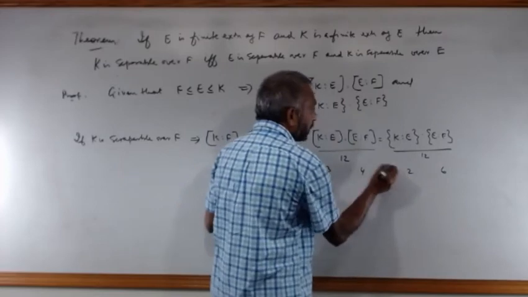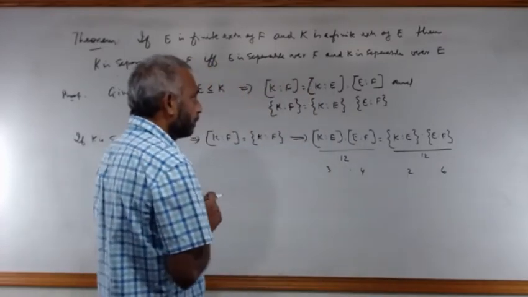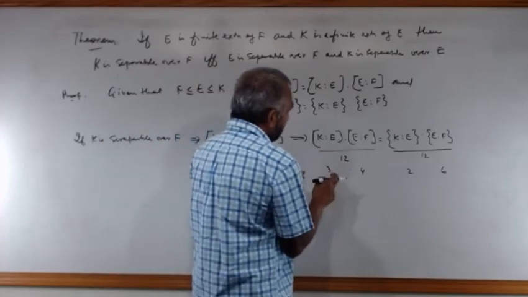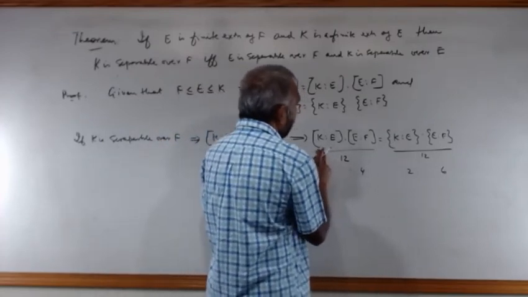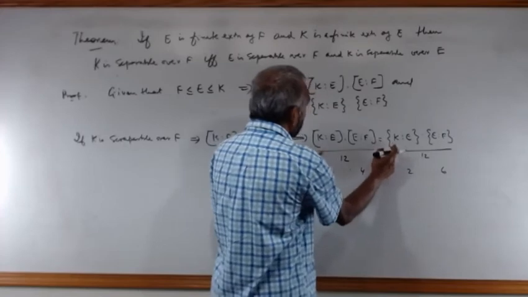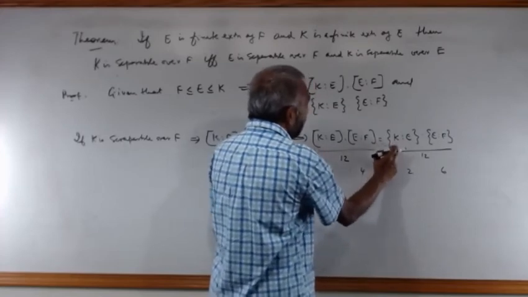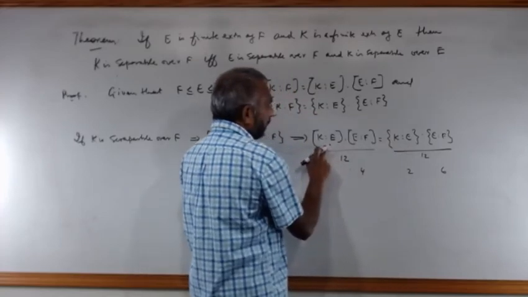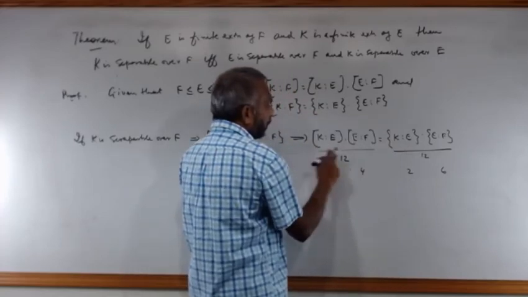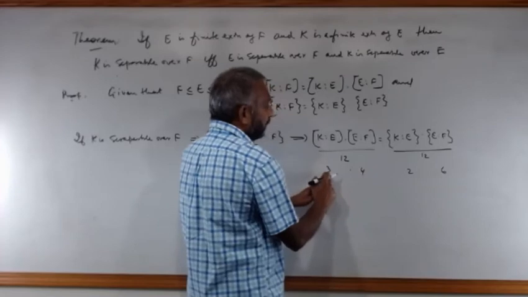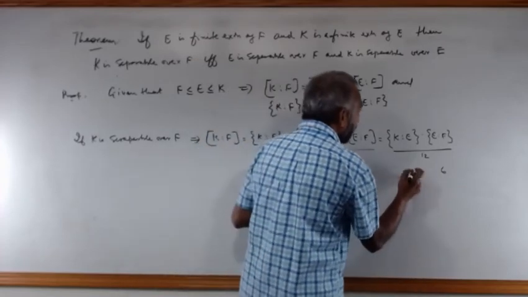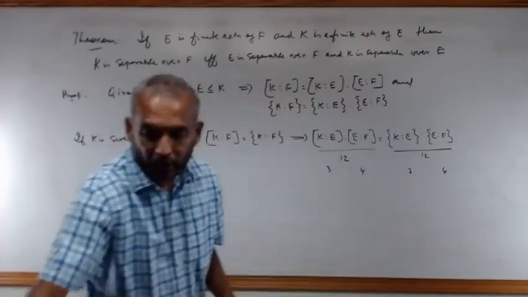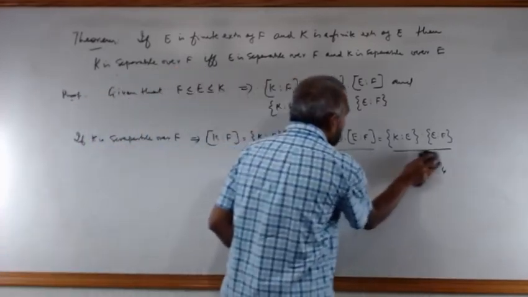But this is not possible because, in any case, the index divides the degree. So in this case 2 does not divide 3. It has to be 3 and 4. So that is what I'm going to write here.